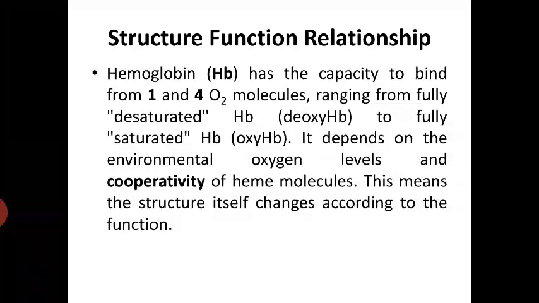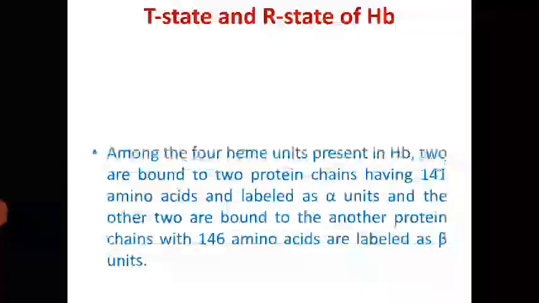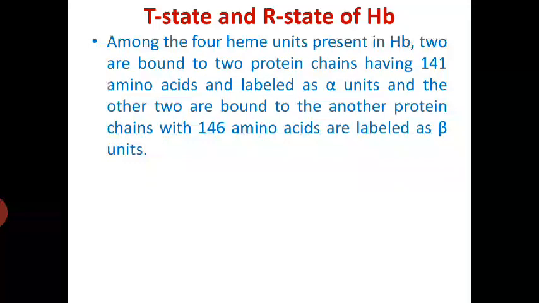So just by adjustment of these heme units which are side by side. Let us see in detail. We can name them as T state and R state of hemoglobin. Among the 4 heme units present in hemoglobin, 2 are bound to protein chains having 141 amino acids and labeled as alpha units, and the other 2 are bound to another protein chains with 146 amino acids which are labeled as beta units.